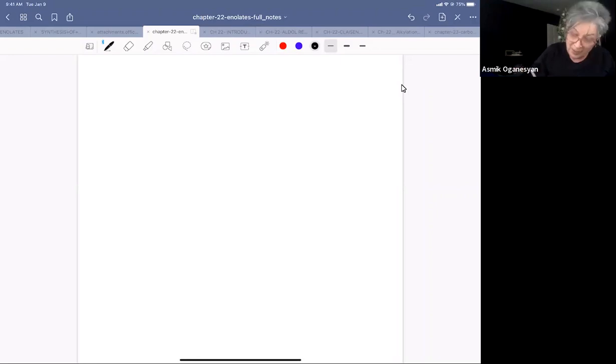Okay, so let's see. Another example here. And let's just use a different type of nucleophile here. What should we take as a nucleophile? Well, you know what?